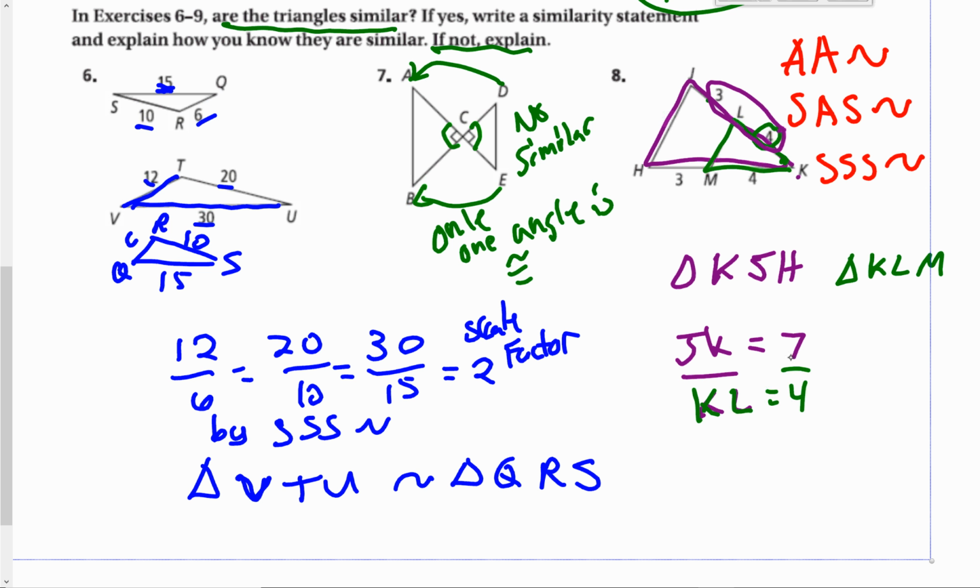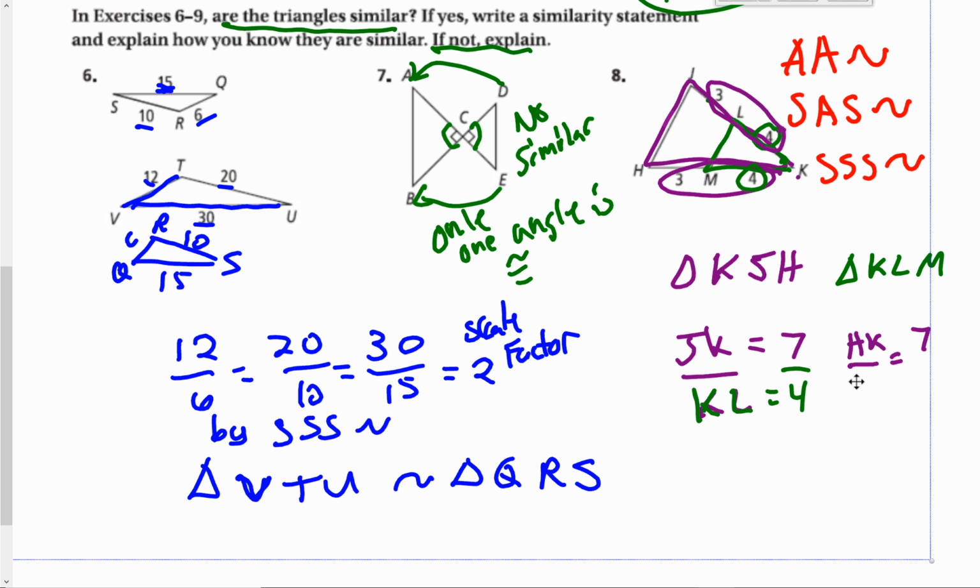Right, so we have this ratio of 7 to 4, so we want to see if the same side would match up to that. The H to K is 7 again, and then we have the small green one, which is just 4.